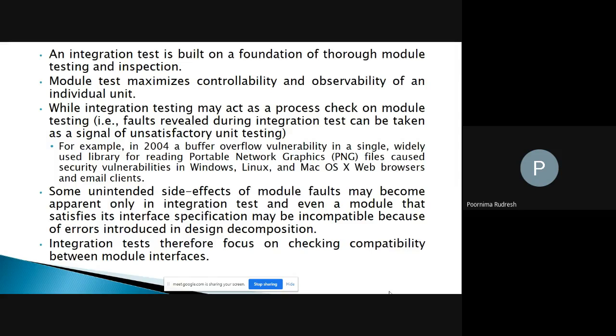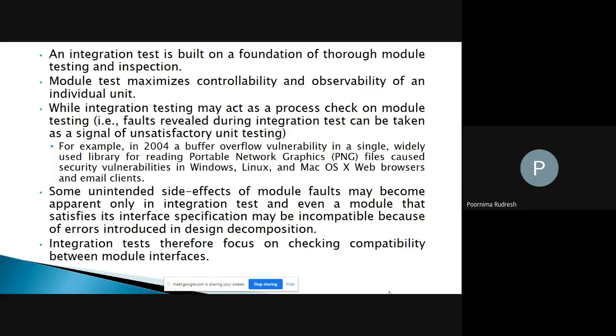So when we are performing the unit testing or the module testing, what is the main purpose of testing? Identifying the faults or errors which occurred during each stage of the software development, right? So by using the unit testing or the integration testing, we are identifying the faults. Then these faults revealed during the integration test can be taken as a signal of unsatisfactory unit testing.